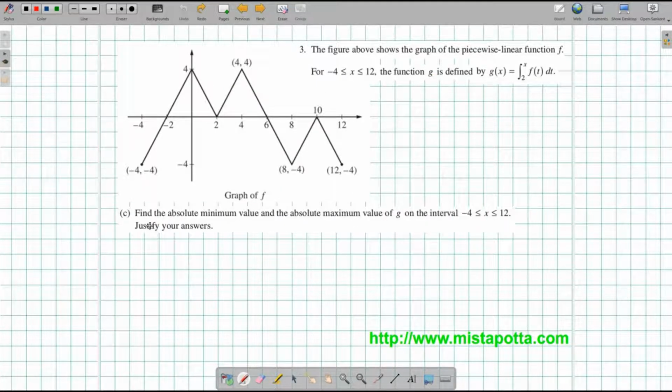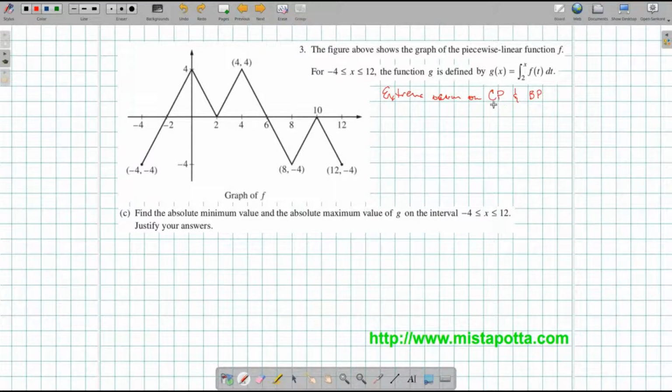Moving on to part C, it says find the absolute minimum value and the absolute maximum value of g on negative 4 less than or equal to x less than or equal to 12. I know that extrema occur at critical points and boundary points.